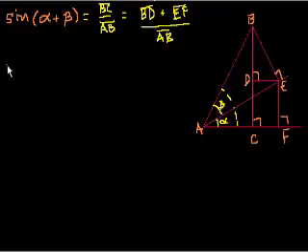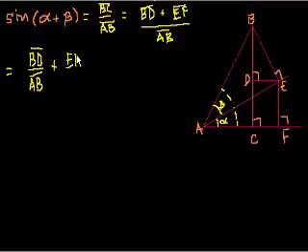And then we can, of course, rewrite that as equal to BD over AB plus EF over AB.